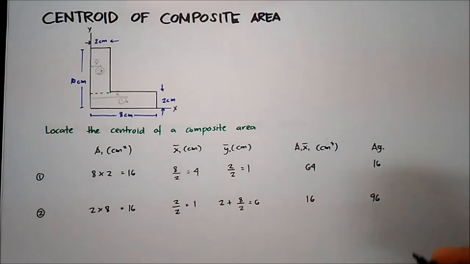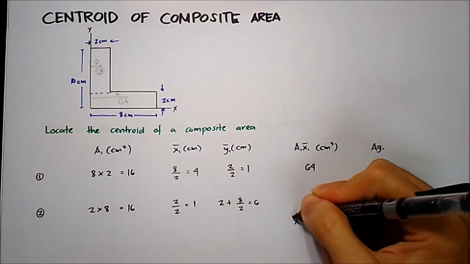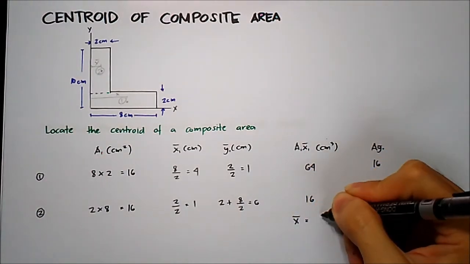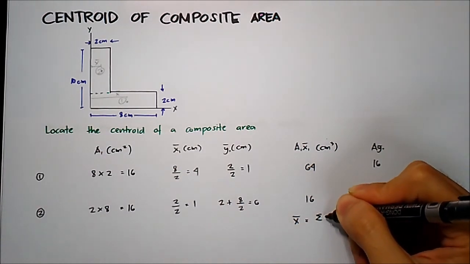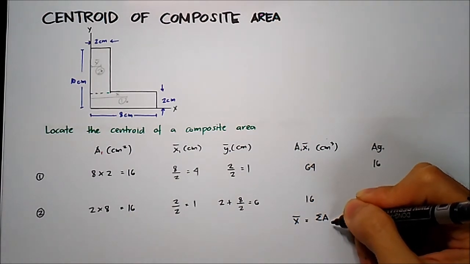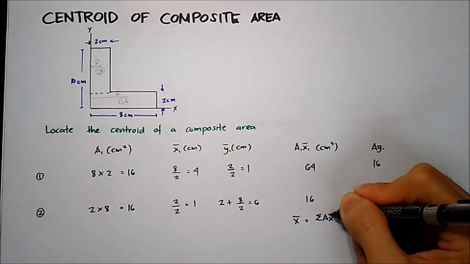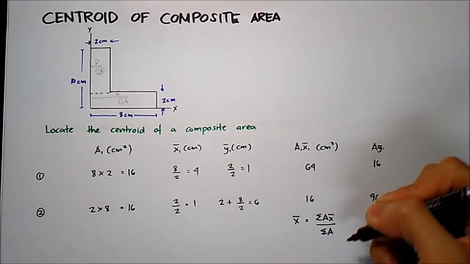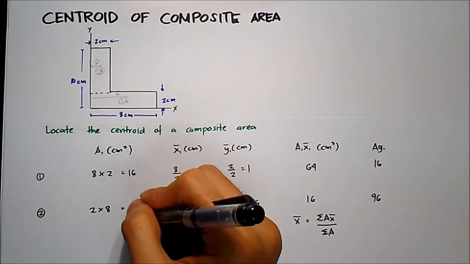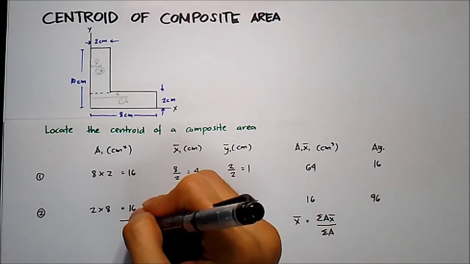By using the formula, x bar is equal to the summation of the individual area times its centroid over the summation of the area. So let us determine the sum of the area.